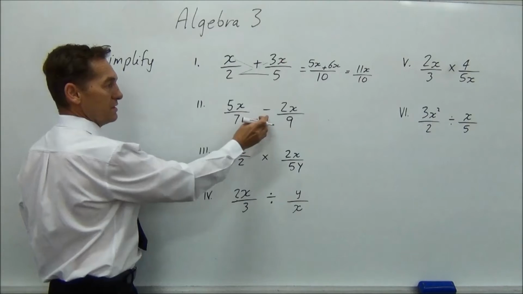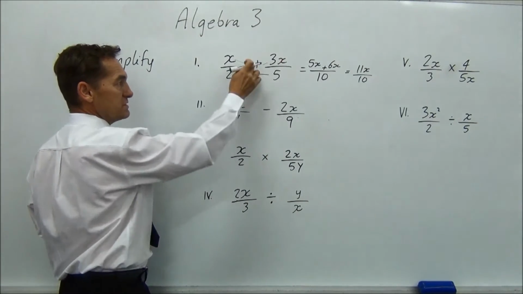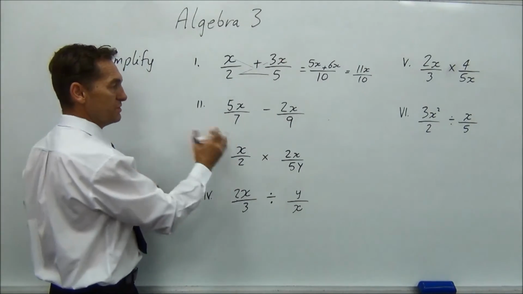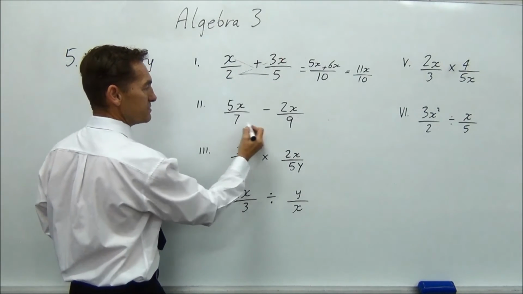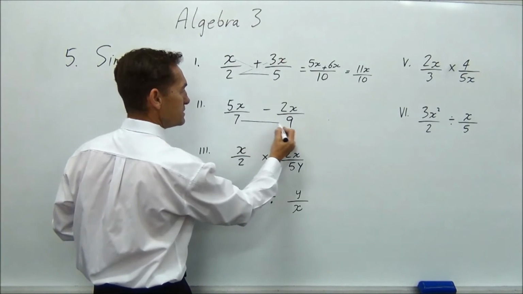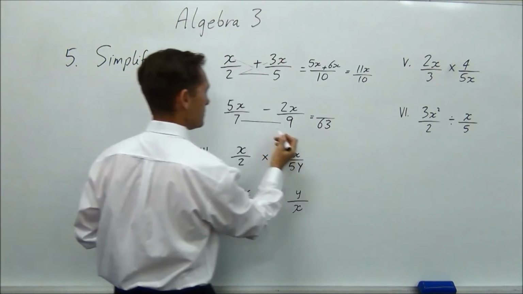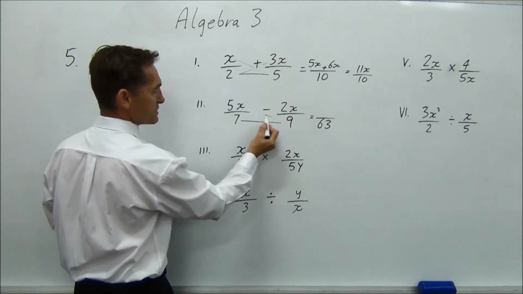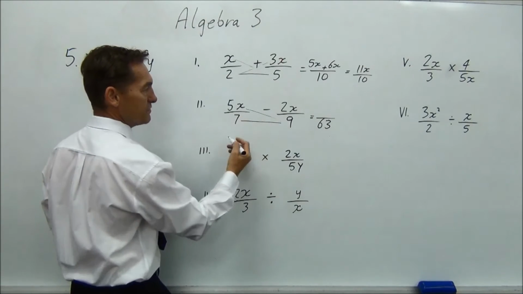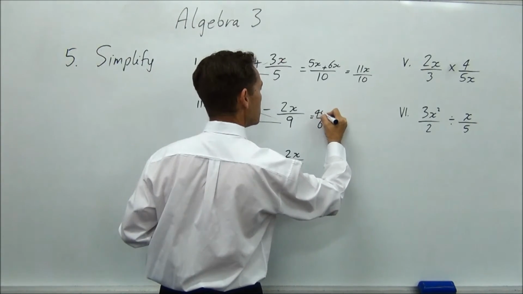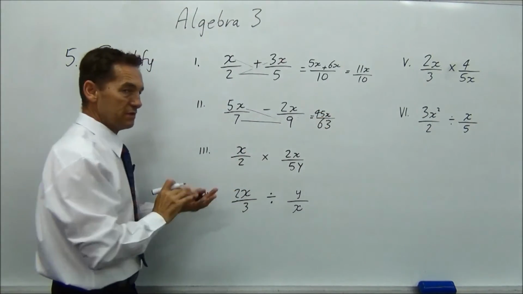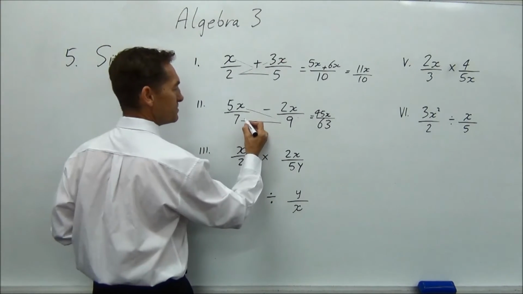Next one. For minus and plus, you're going to cross multiply every single time that these are different. So let's do it again. 7 times 9 is 63. 5x times 9, 5 times 9 is 45. You can do these on your calculator if you can't remember your times tables.